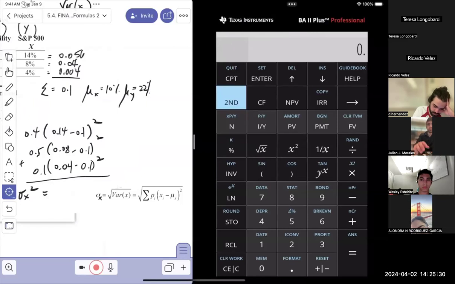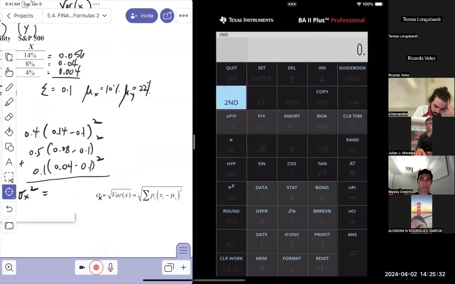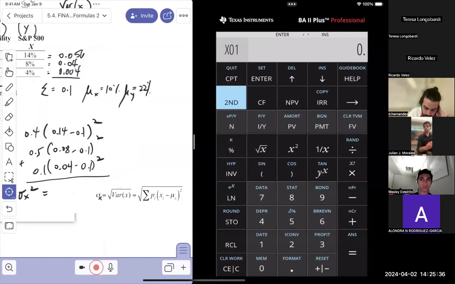All right, so I'll start. Second data, make sure it's clean. And then 0.14 minus 0.1, square, and store that in 1.